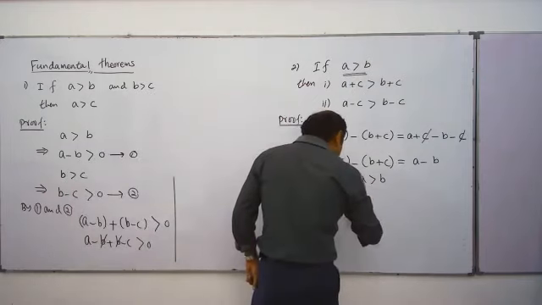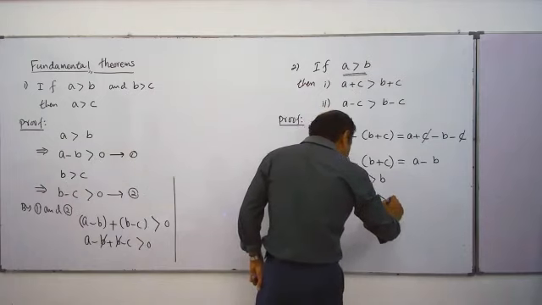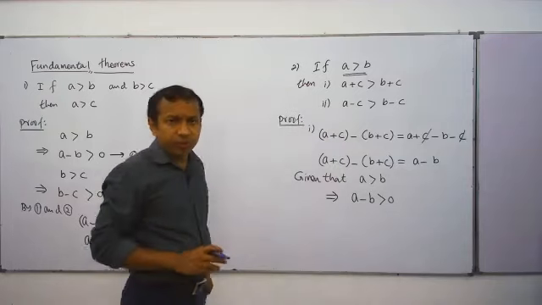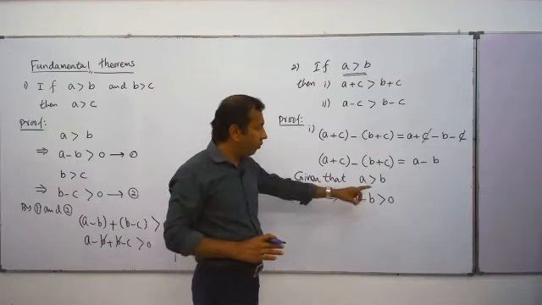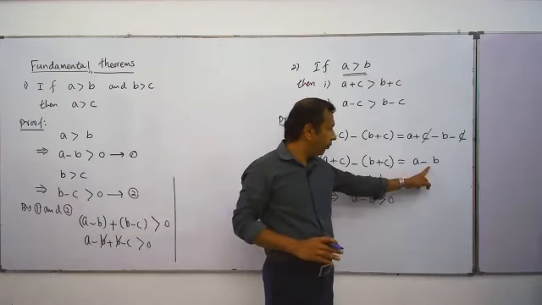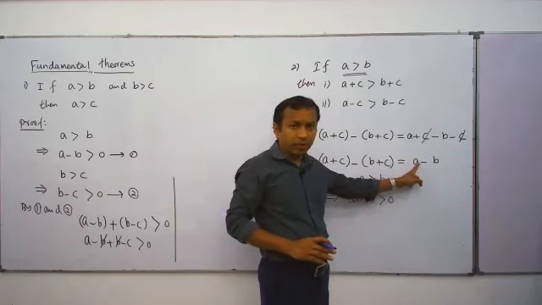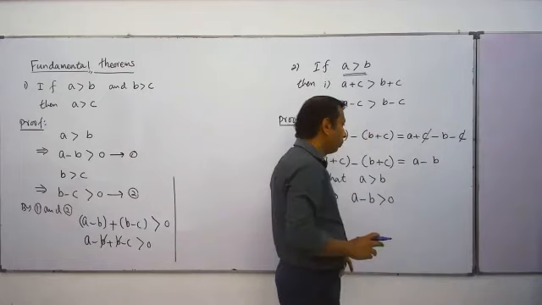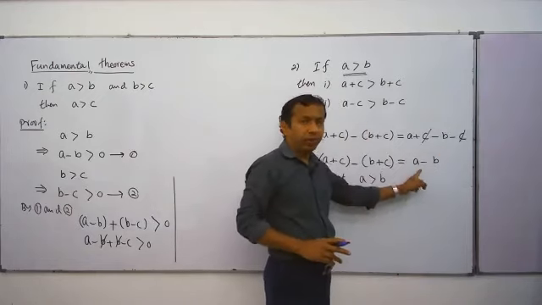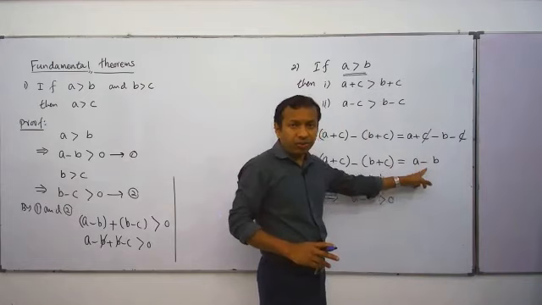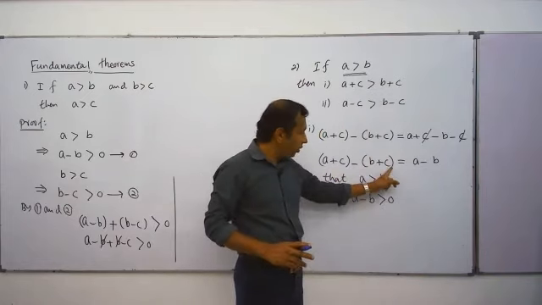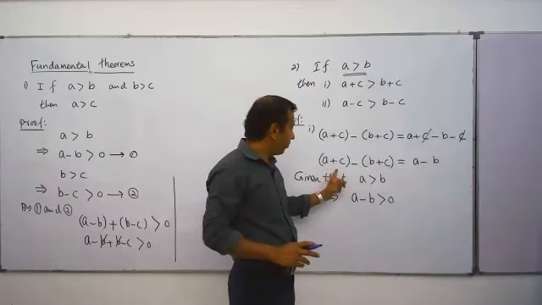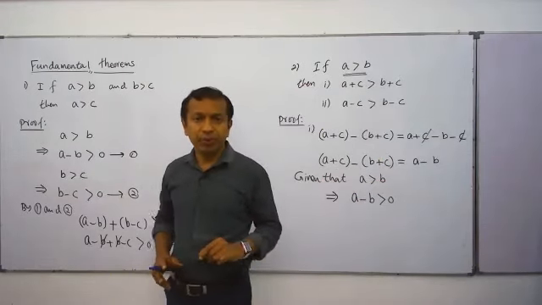This implies a minus b is positive. But here we have a minus b, and this is positive, right? If this is positive, since this is equal to the left-hand side, this difference should be positive.